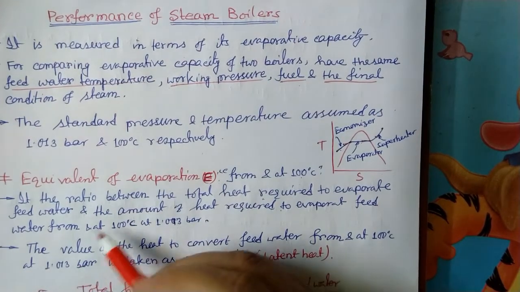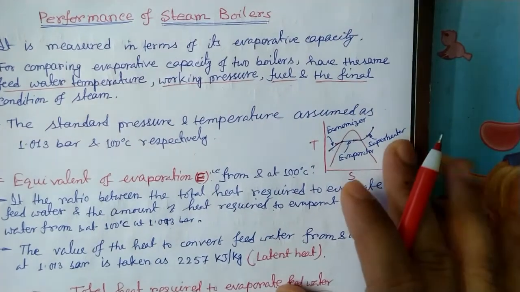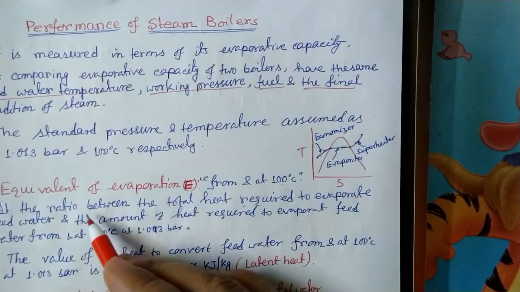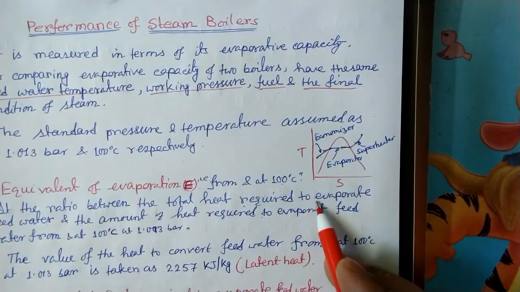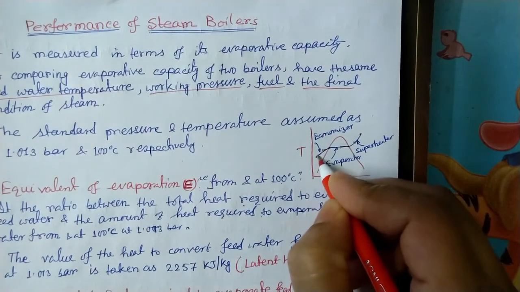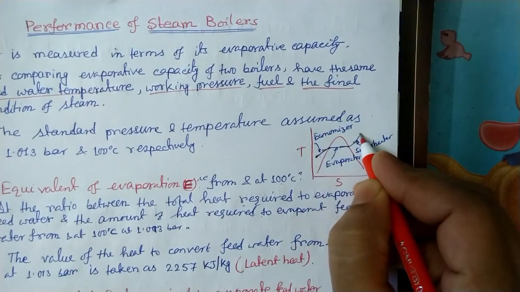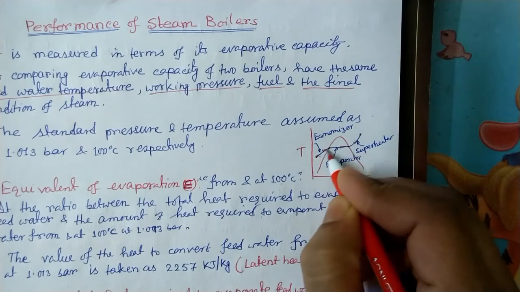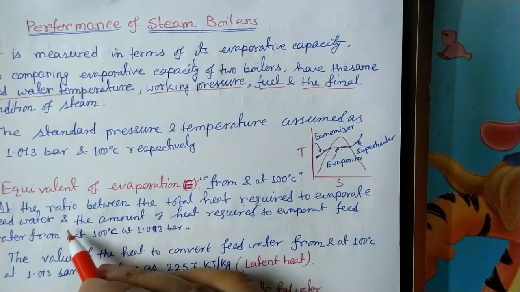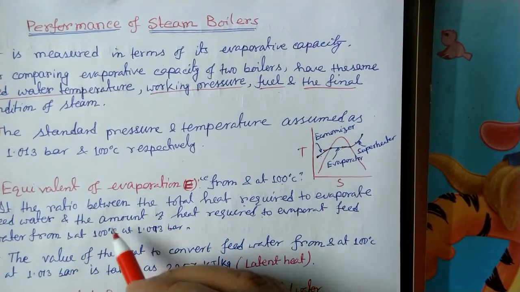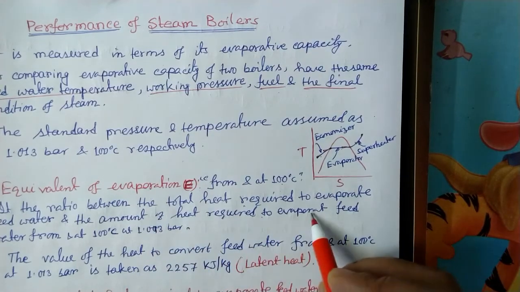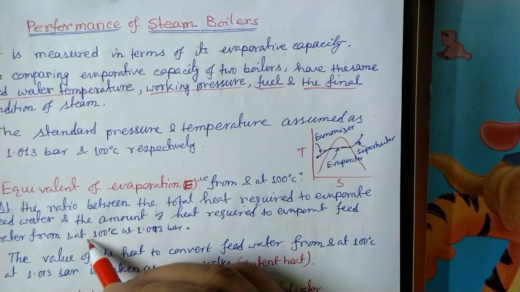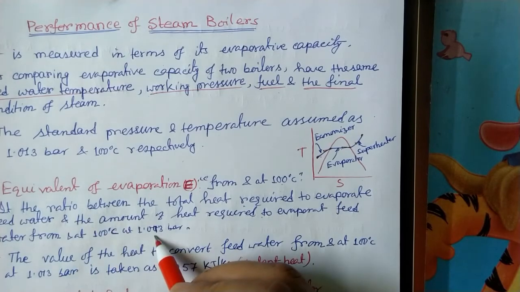Now, the first part is the total heat required: from this point to this point, how much heat is required. The second is the amount of heat required to evaporate feed water from and at 100 degrees centigrade.